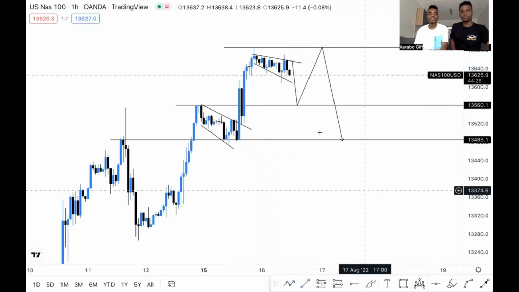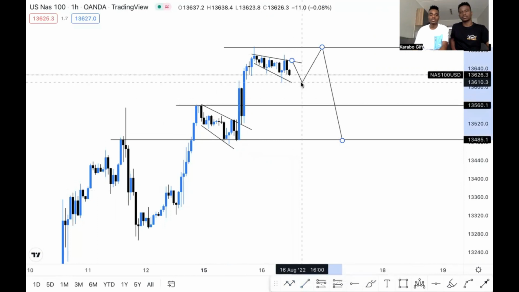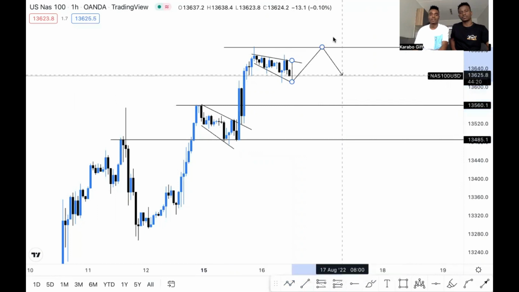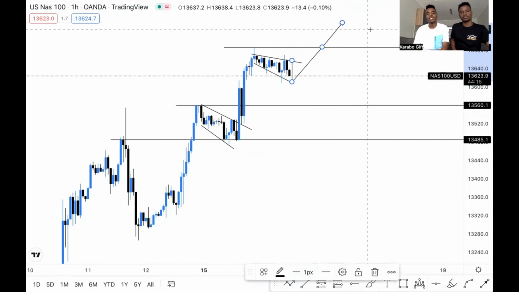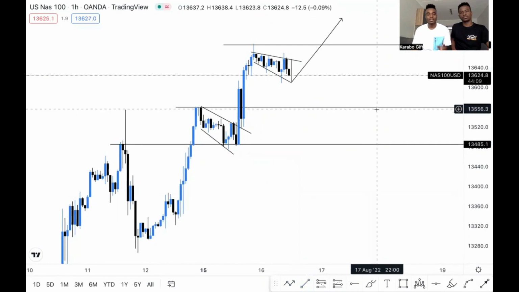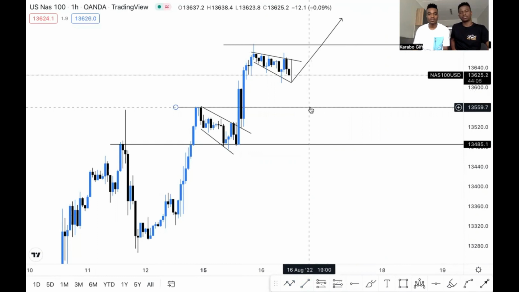From here we can move this thing to here. Then we know that after the correction, it's an impulse. From this point, we know we like trading fundamentals, and fundamentally it is too fast. We can take our buys from this point, because if it breaks this point, obviously we're going further upside.